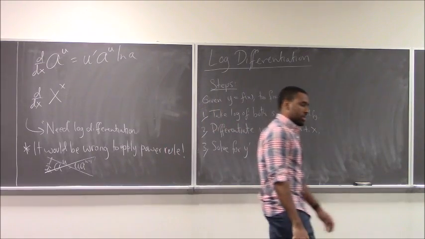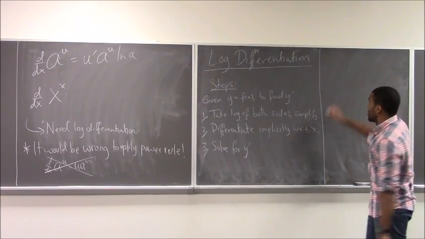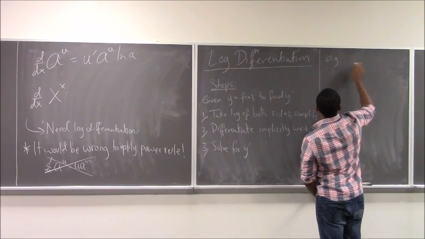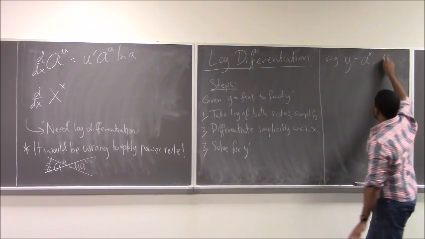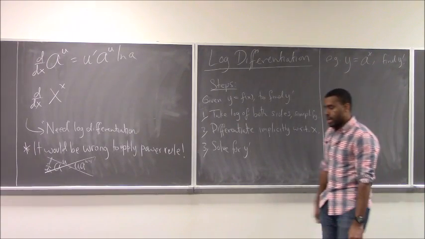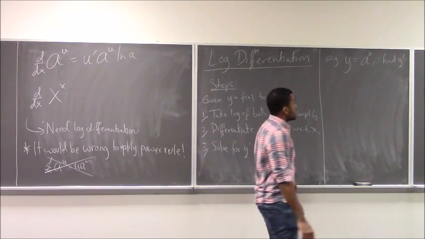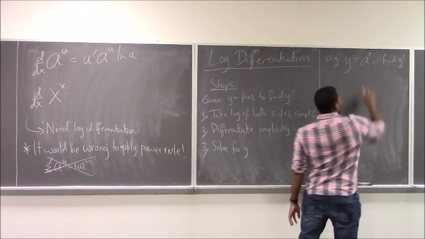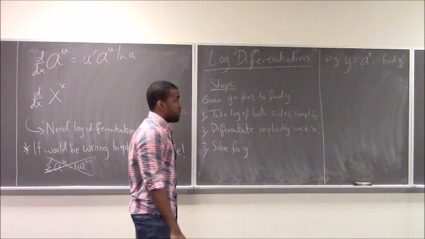Now this is actually the process I used to derive the power rule for you. Let's say as an example my y was a to the x and I want to find y prime. Looking at that, I realize that no rule I have currently applies to that situation, because the power is a variable, and I don't know how to deal with a variable in the power. There's no rule that we have so far for a variable in the power.